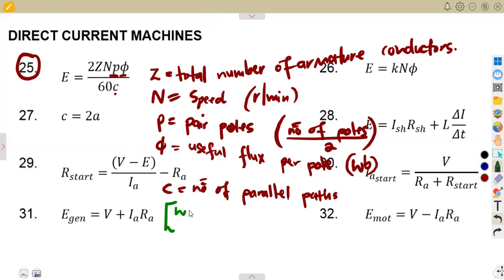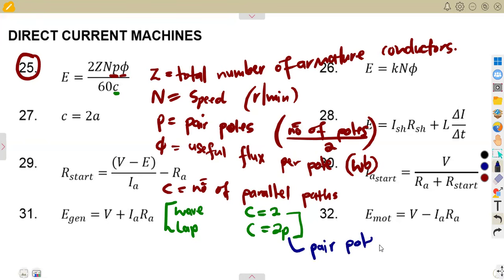On a condition that you are working with a wave, you are going to use C equal to 2. Then for a lap, your C is equal to 2P. That is the conditions that you're going to have. Remember, P is representing the pair poles, not the number of poles, but the pairs that you are given.